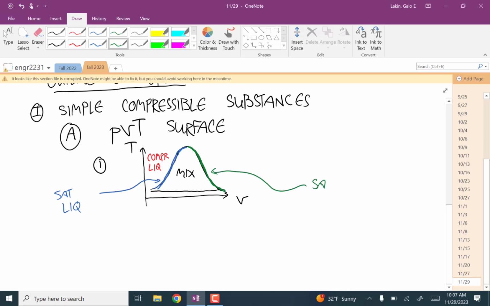Over here is saturated vapor. If you're outside of the vapor dome on the right, this is a superheated vapor. At the top here, this is called the critical point. And this line here is the triple line. That's where all three phases are in equilibrium.